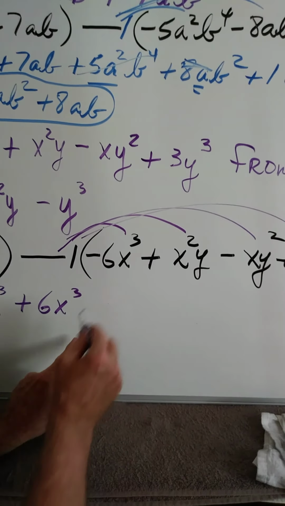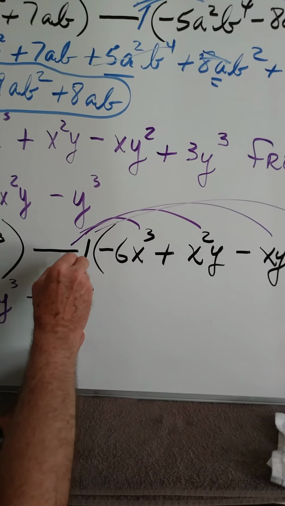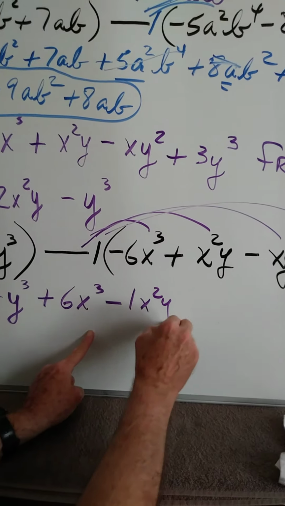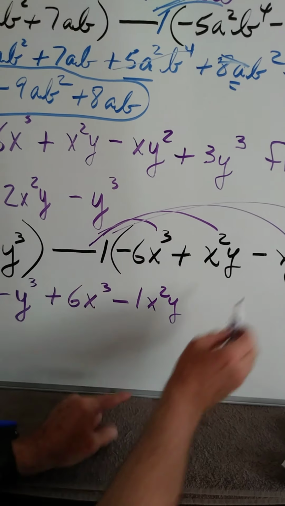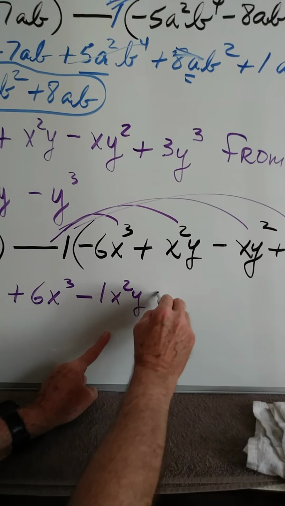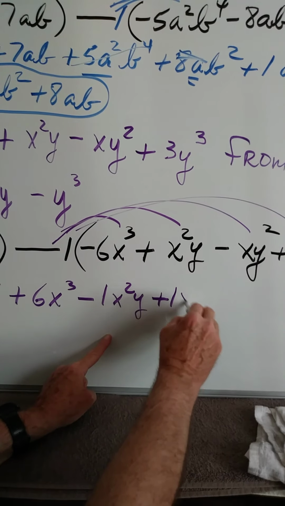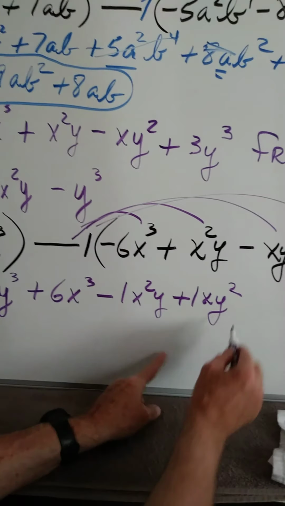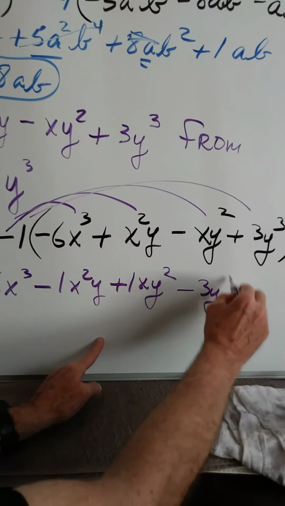Negative times positive, I'm going to show the coefficient, a negative 1x squared y. Negative times negative, positive 1xy squared, and negative times positive, a negative 3y cubed.